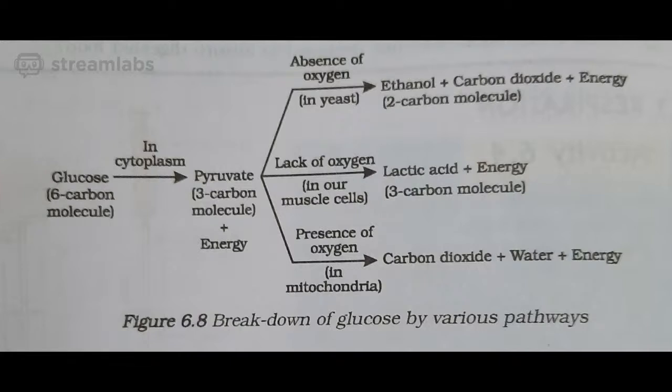Ethanol is a 2-carbon molecule. The second one is also anaerobic respiration. In absence of oxygen in our muscle cells, due to oxygen deficit, pyruvate directly converts into lactic acid and a little amount of energy.